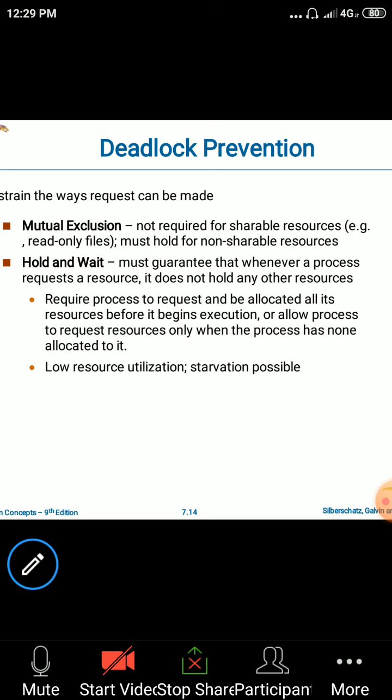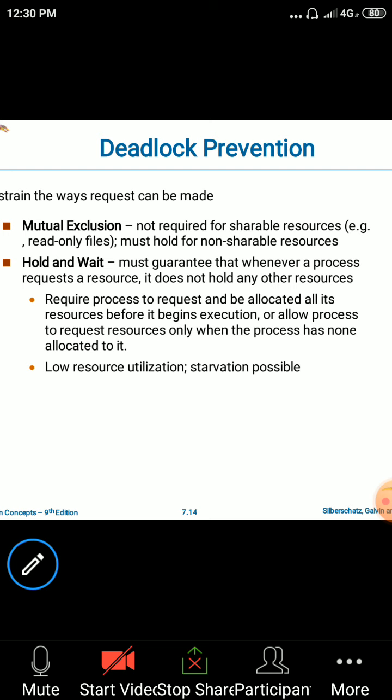So here what happens, even though the process uses the printer only at last, the resources are allocated at the beginning itself, so the resource utilization may be low. It leads to low resource utilization because the printer is allocated in advance, during the beginning stage itself.